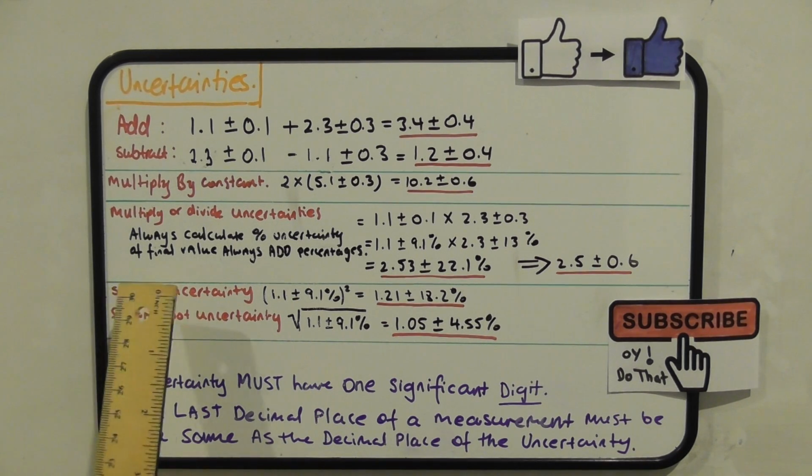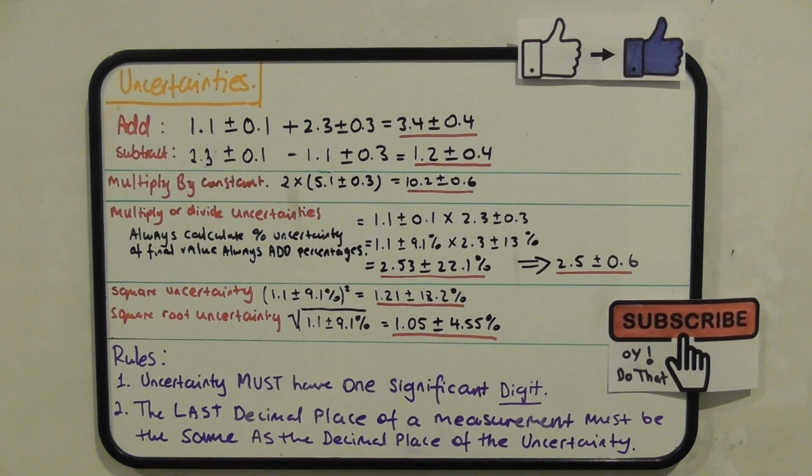If you were to cube a value with an uncertainty, you would perform that operation, 1.1 cubed, but then you would multiply that uncertainty by 3, and so on and so forth.